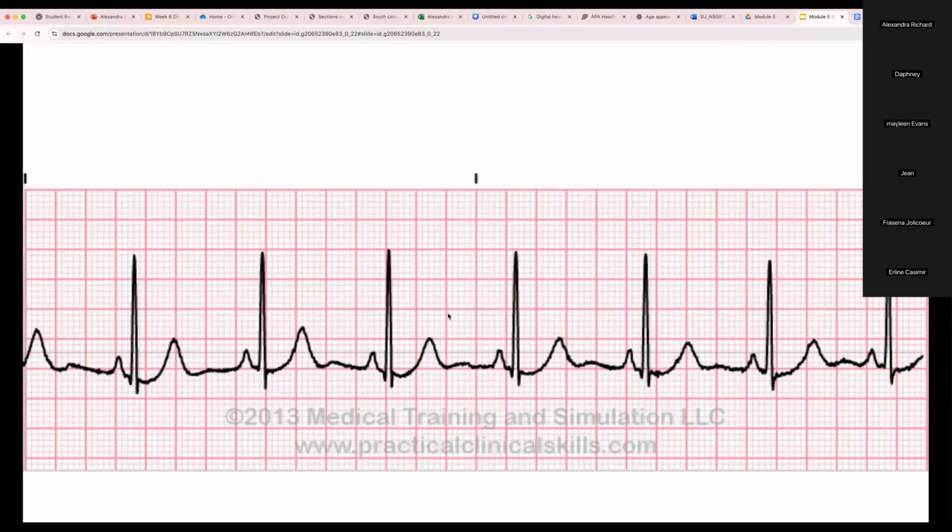And what is the name of this EKG rhythm? Very good.